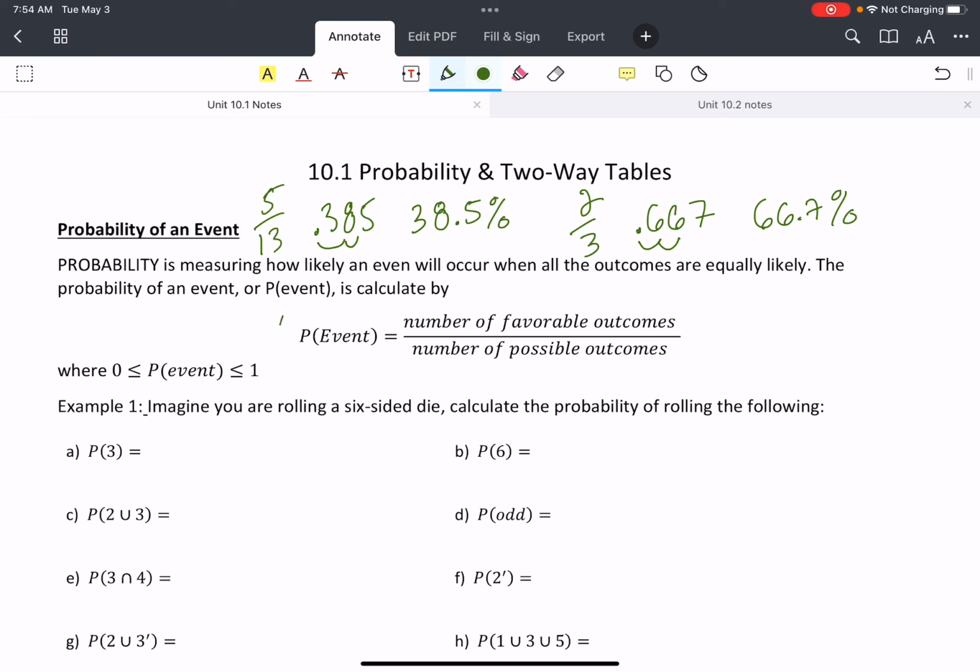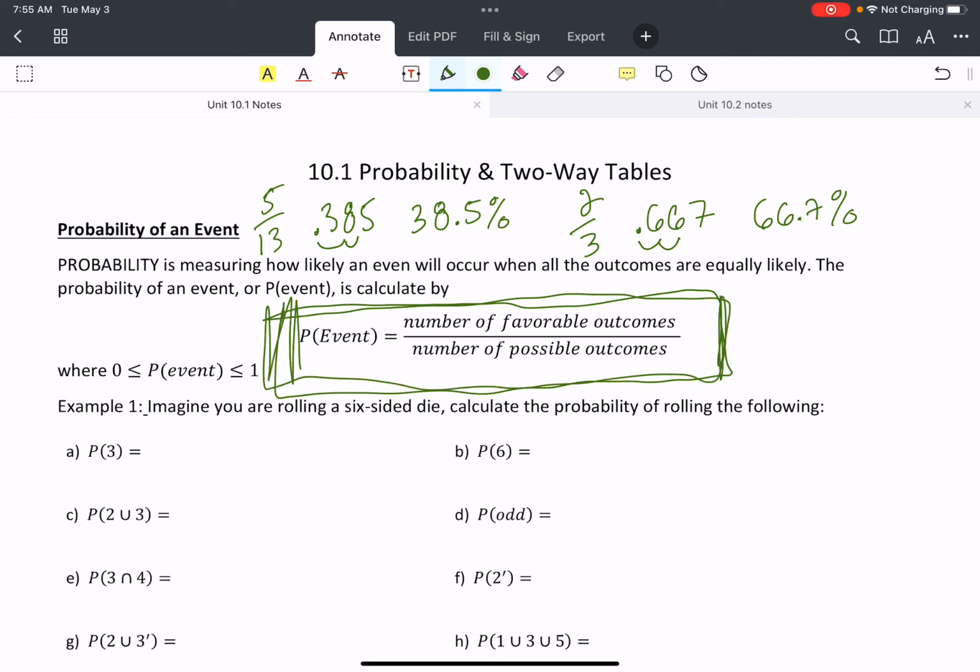Okay. This right here, this is our probability formula we're going to be using all class today. So the P stands for probability. So probability of an event happening is the number of favorable outcomes, so that is what I want to happen, over number of possible outcomes.